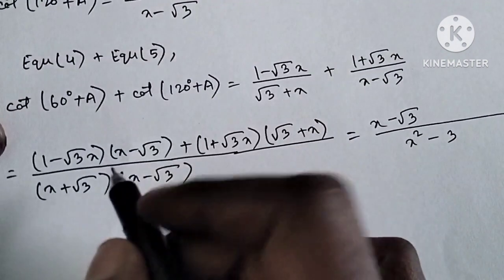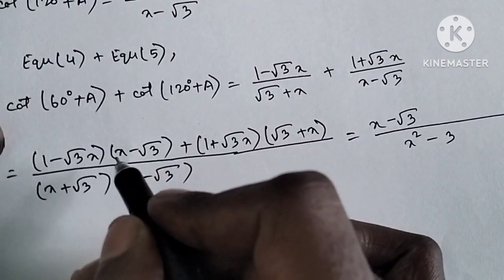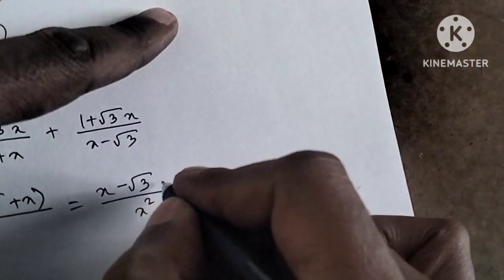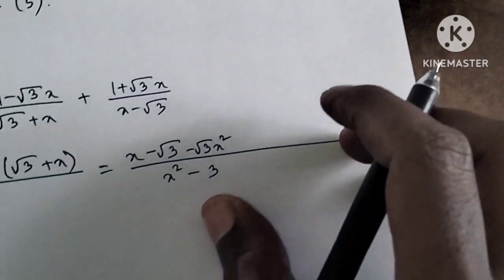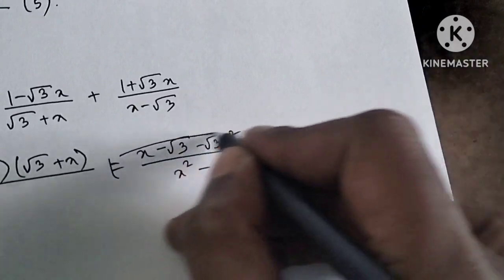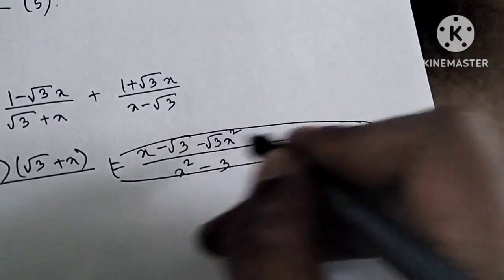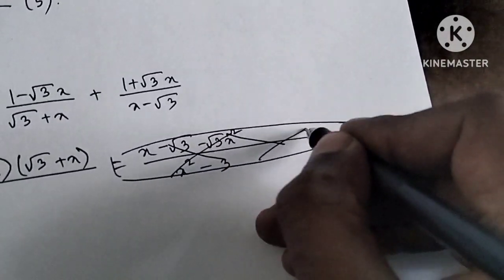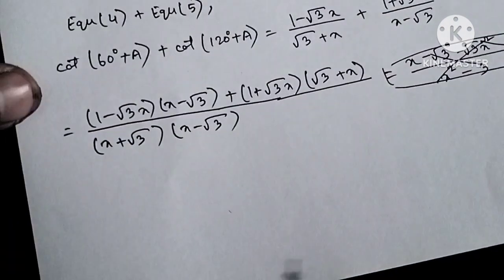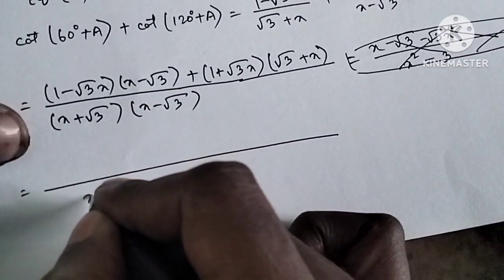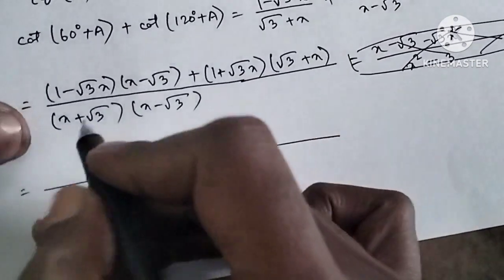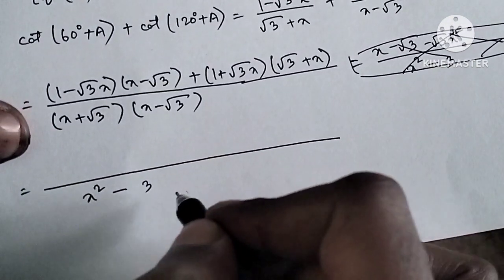Okay, then minus root 3 into x is minus root 3 x square. Sorry, here we will run out of space, so I am doing it down below. x square minus 3, a plus b into a minus b, x square minus 3.